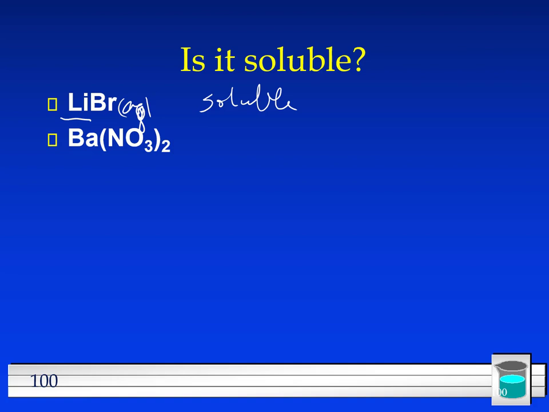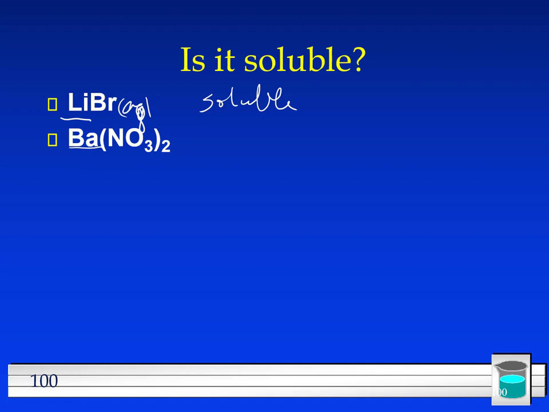What about BaNO3? Well, Ba is barium. Is barium an alkaline metal? No, it's an alkaline earth metal. So rule 1 doesn't work. So now I've got to look at the negative piece.